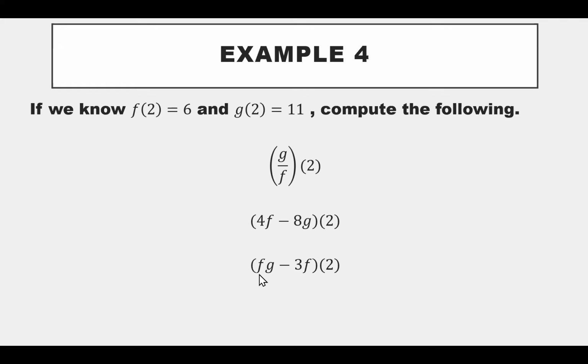And then in this third instance, we have f times g minus 3 times f of 2. You could do this in general as well. If I knew the expressions, I could do any sort of combination of adding, subtracting, multiplying, dividing. And then as you see here, we can also multiply by scalars.